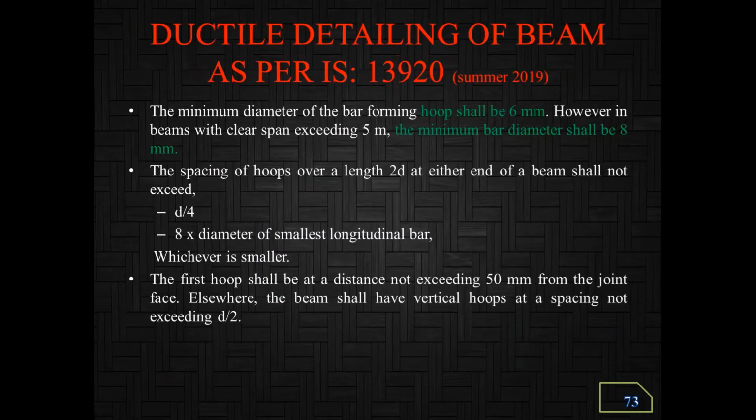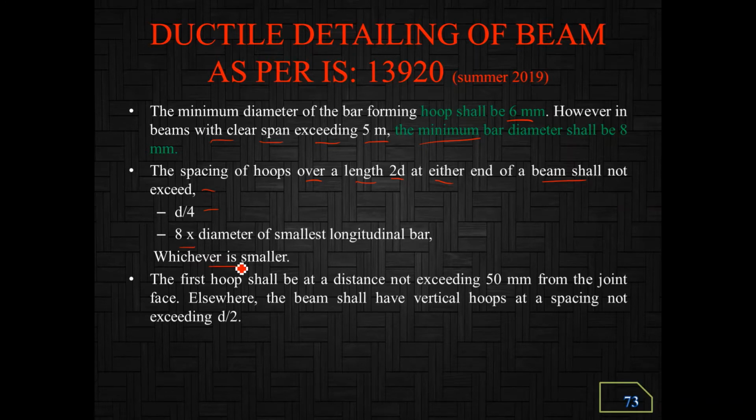The minimum diameter of the bar forming the hoop shall be 6 mm. However, in beams with clear span exceeding 5 meters, the minimum bar diameter shall be 8 mm. The spacing of hoops over a length 2d at either end of the beam shall not exceed d/4 or 8 times the diameter of the smallest longitudinal bar, whichever is smaller.